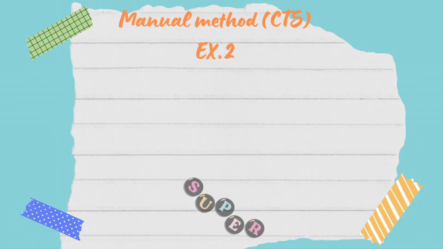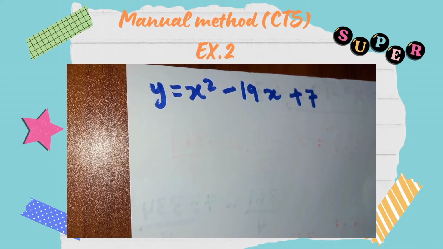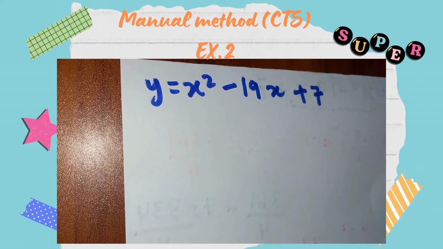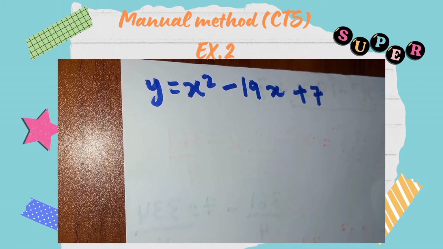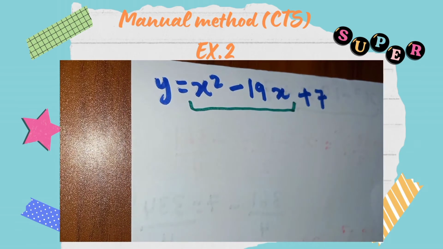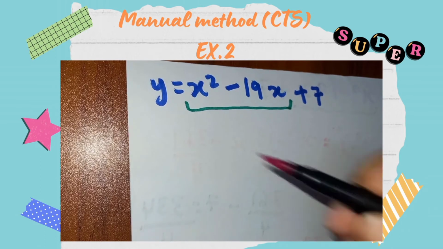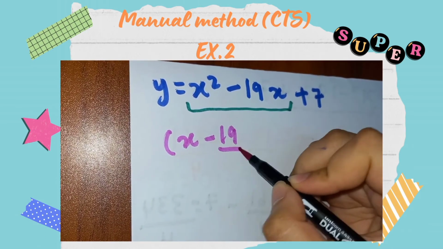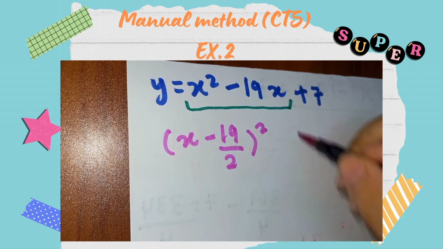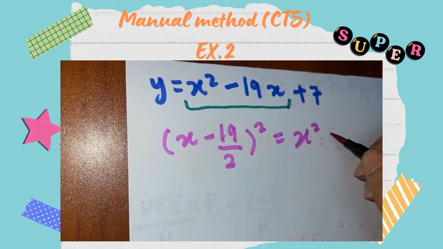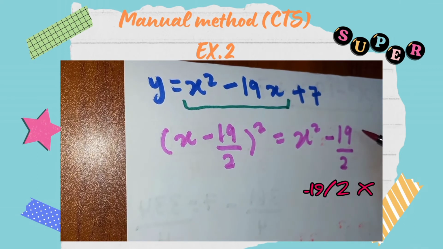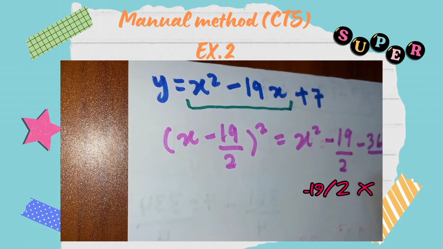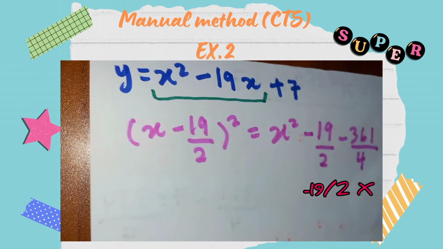Okay, that's it. Question 2, y equals x squared minus 19x plus 7. First of all, we must look at the first term and second term, which is x squared minus 19x. We do x minus 19 over 2, squared, equals, normally x squared minus 19x plus 361 over 4. How do we get 361 over 4?